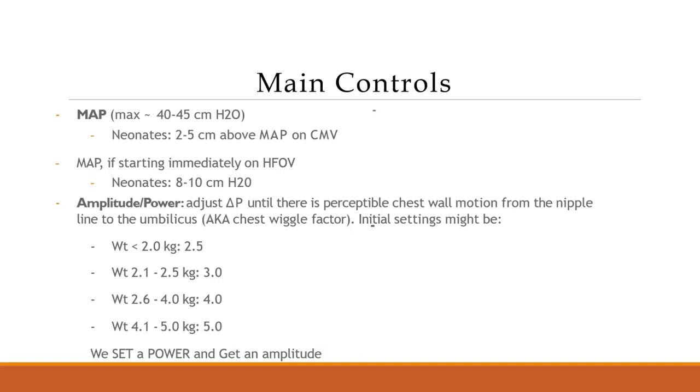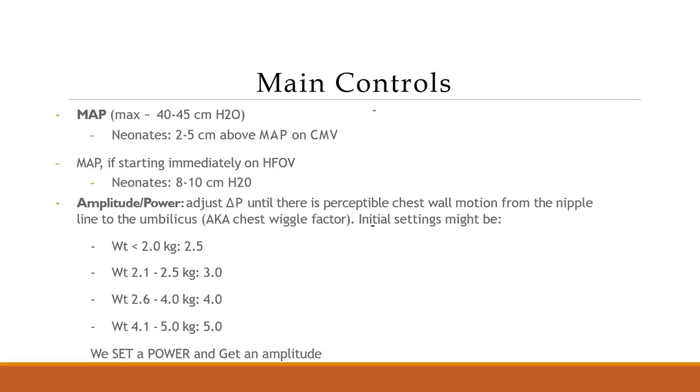So these are starting settings, sorry. If it's a small baby under 2 kilos, we're going to start at 2.5 on the power. We may have to increase that if the CO2 is still high. A big thing is we need to get enough wiggle.